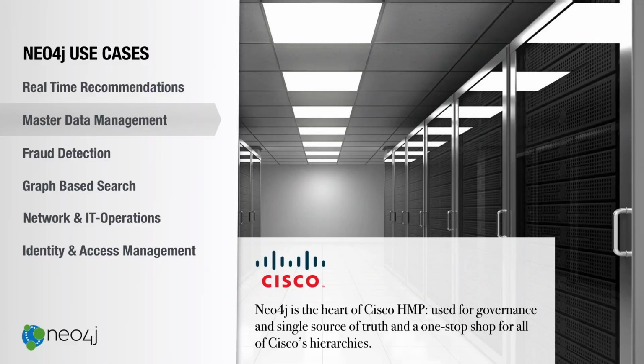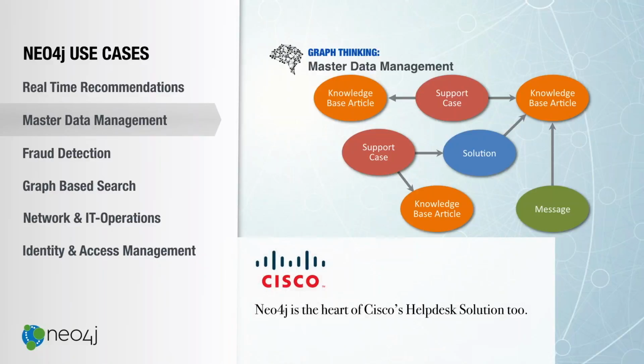Cisco is one of those. They use it as the single source of truth for their hierarchies in their organization and governance. But Cisco also uses us for what some people refer to as master data management. Other people might refer to it as recommendations.